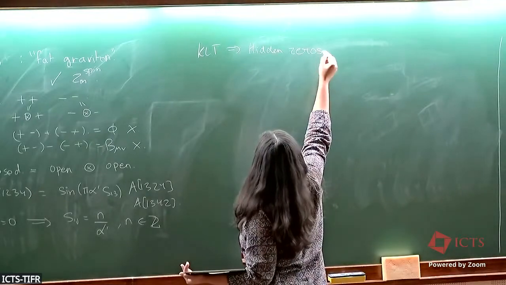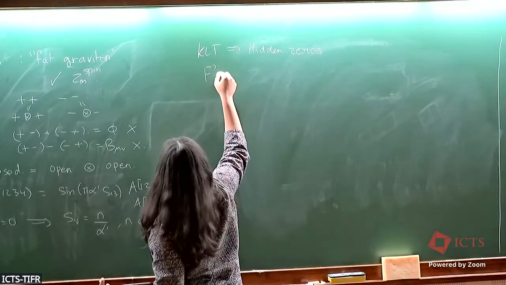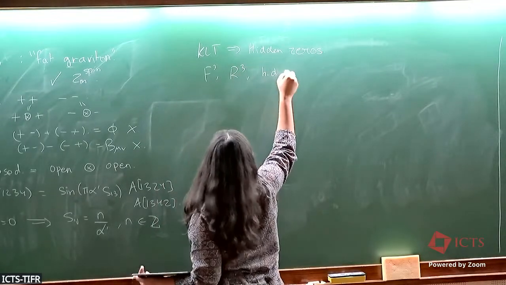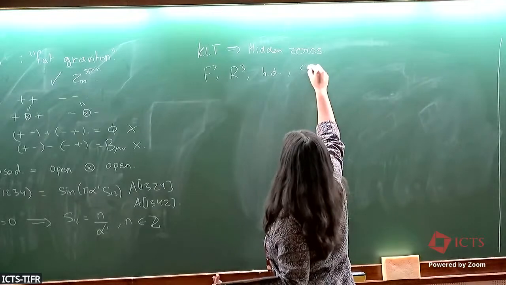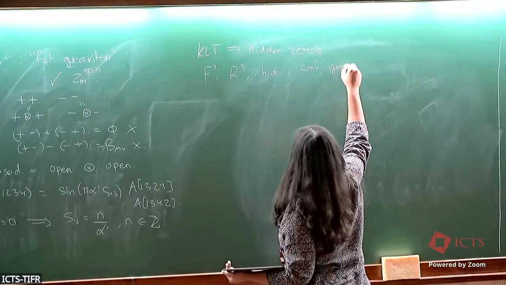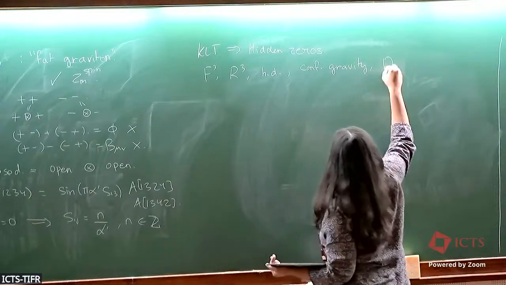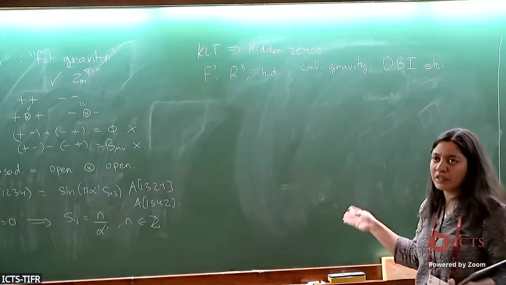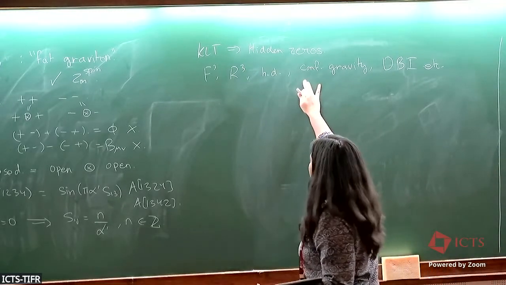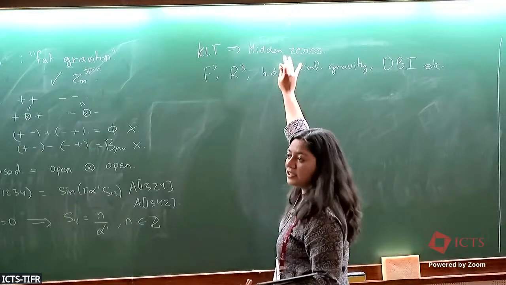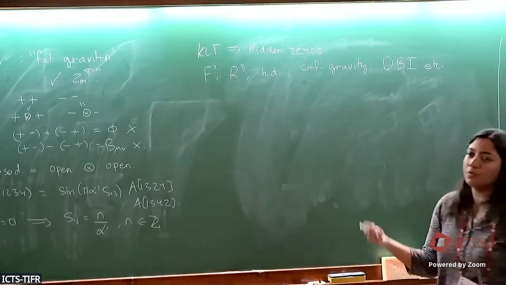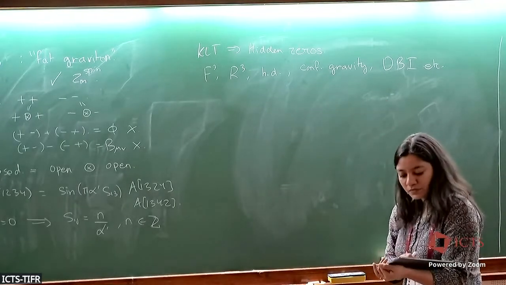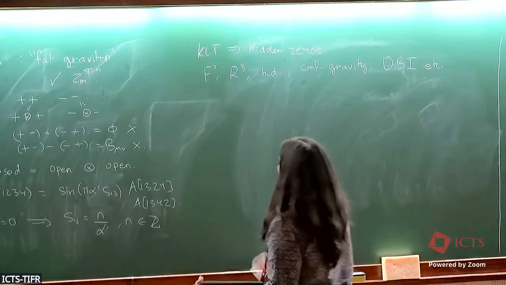And again, this will now include F cubed, R cubed, other higher derivative things, conformal gravity, DBI. So if any of these theories are of interest to you, you know that they will have hidden zeros, and you can use that in your methods of bootstrapping if you want amplitudes in these theories. Okay, good.